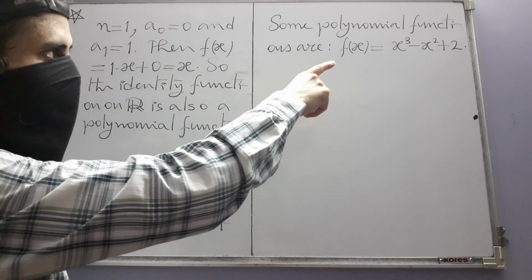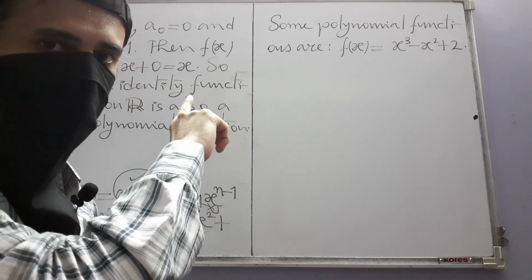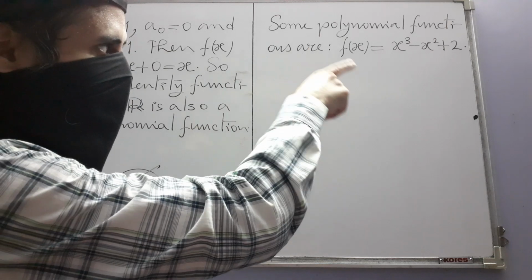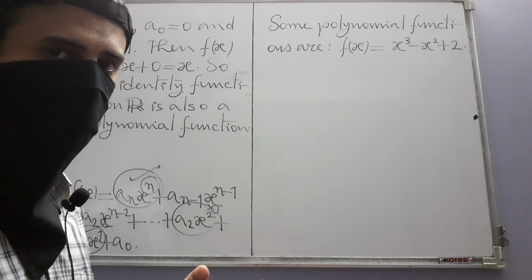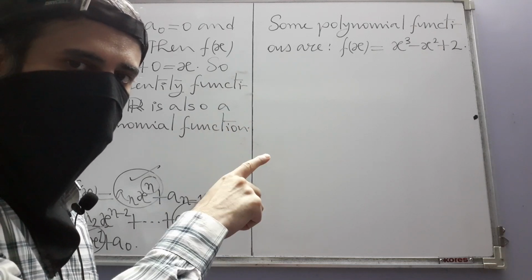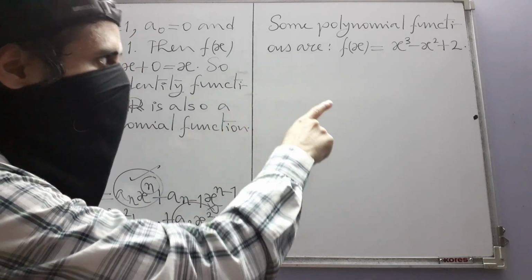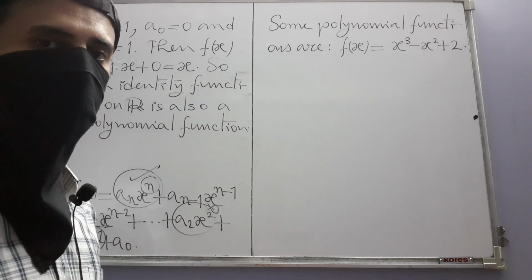In this polynomial function, if you look at the general formula, a0 is 2, a1 is 0, a2 is minus 1 and a3 is 1 and n is equal to 3.